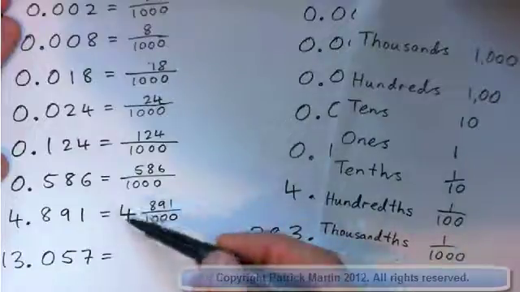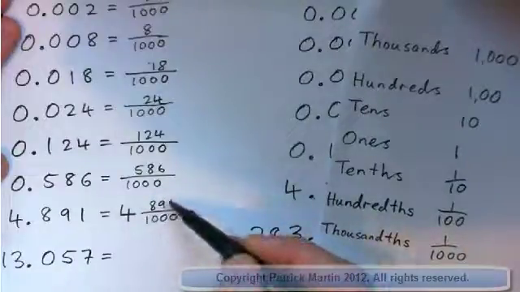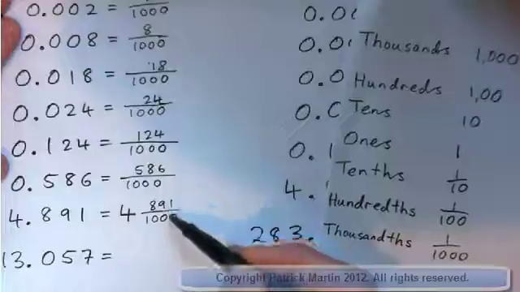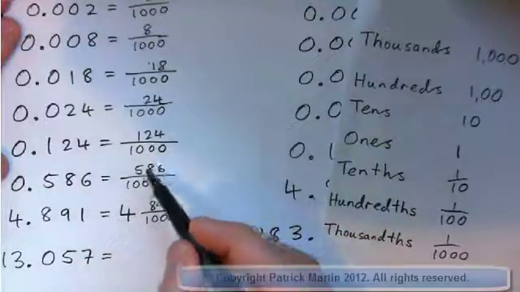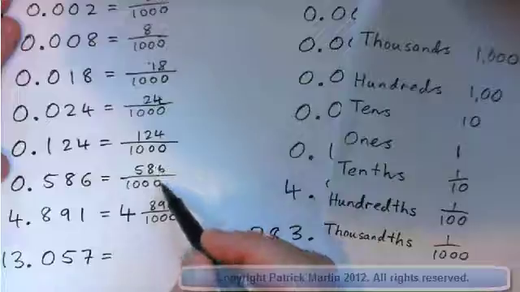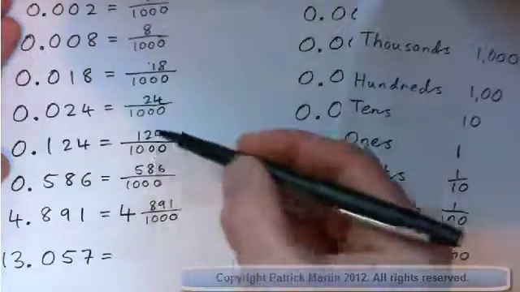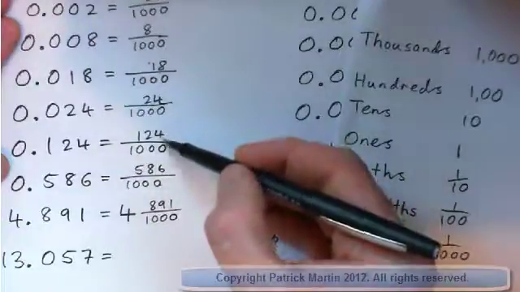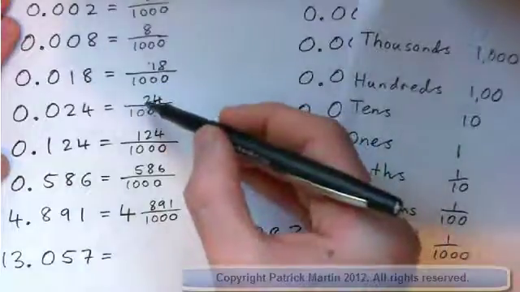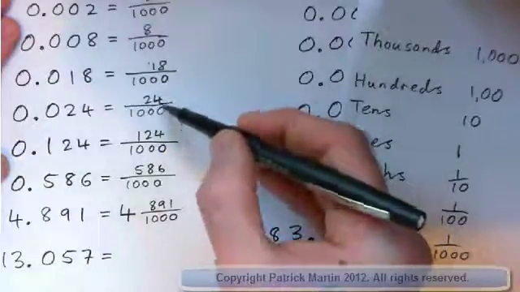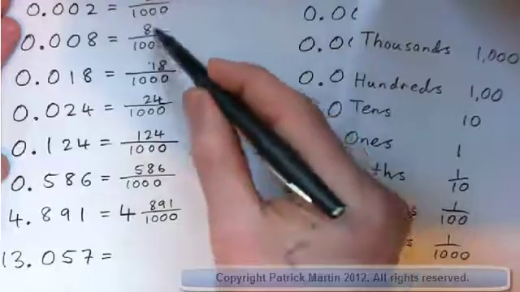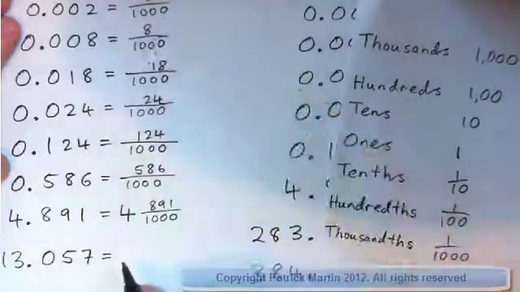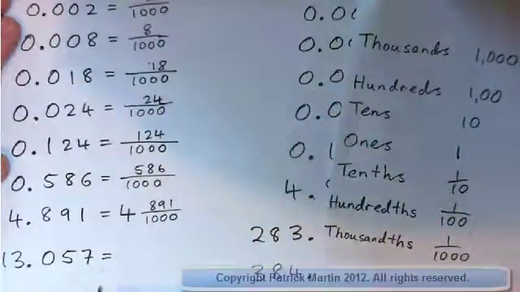Now let's read these numbers. This is 4 and 891 thousandths, isn't it? This number is 586 thousandths. This number is 124 thousandths. This number is 24 thousandths. This is 18 thousandths. This is 8 thousandths, right? So write this number down and read it.